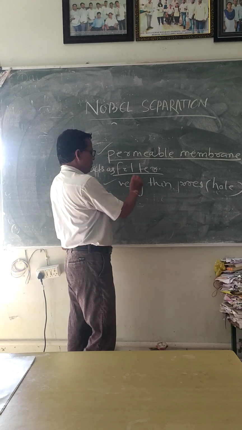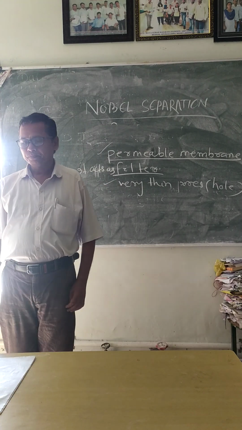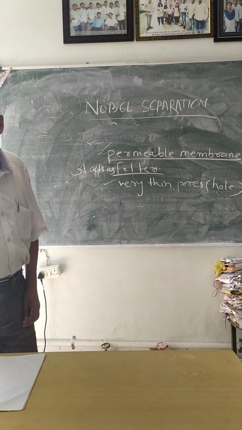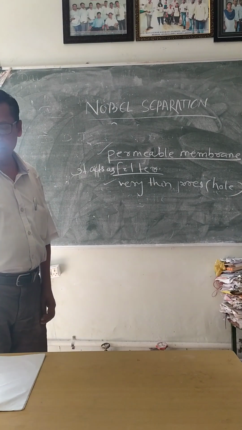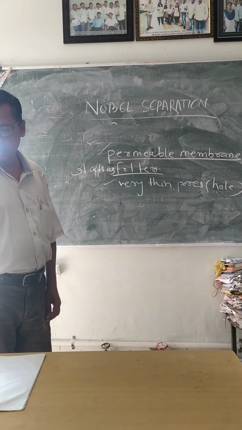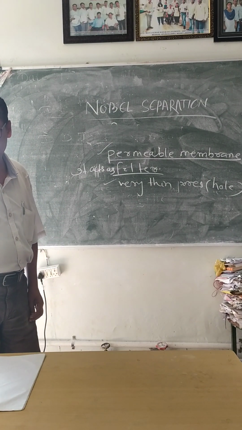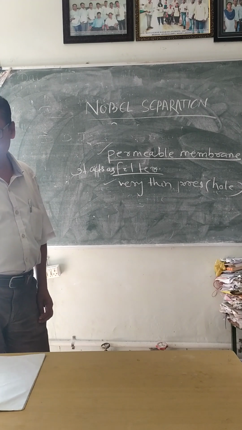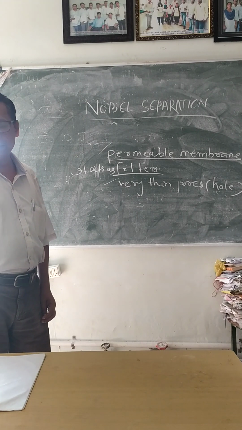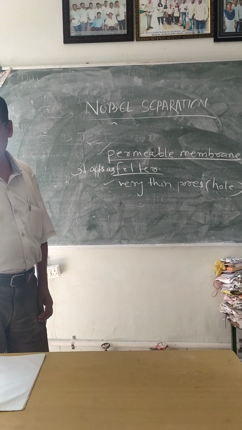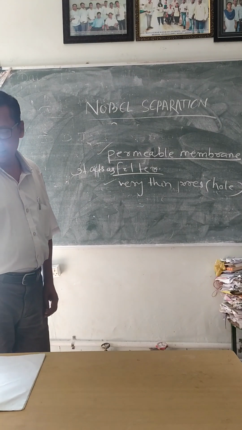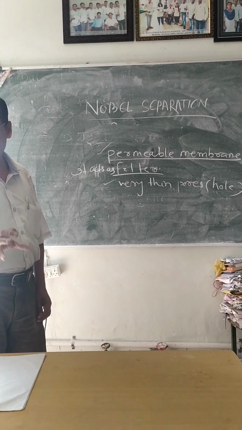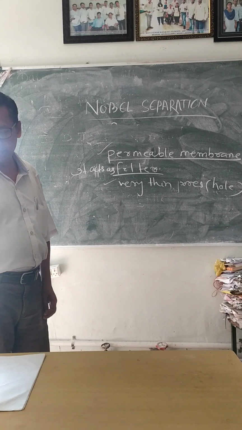It acts as a membrane. In that case, the selectivity of the membrane material is no longer the main focus, and this is the concept of membrane contact with application in separation.